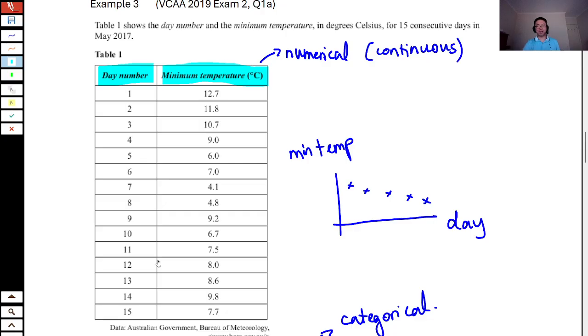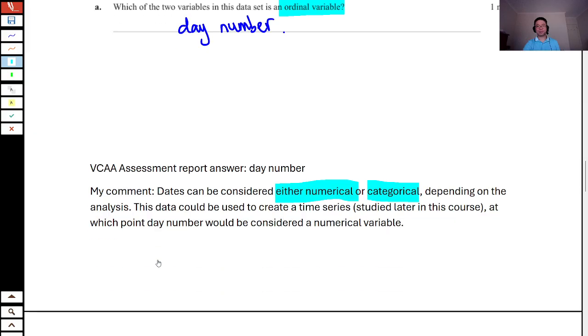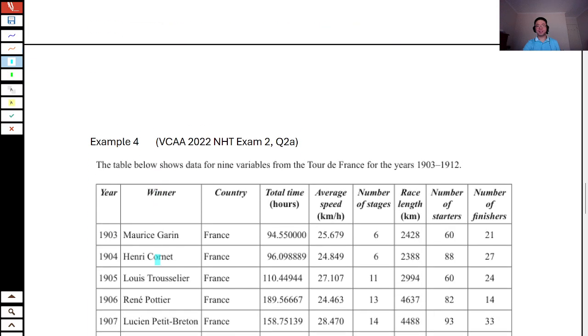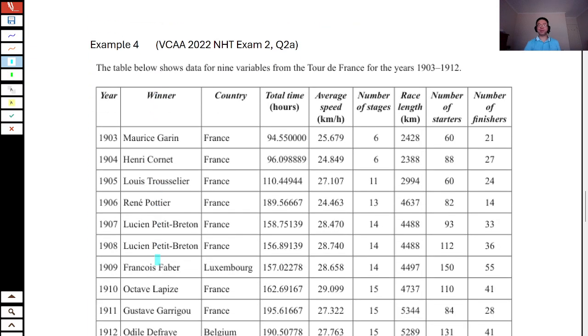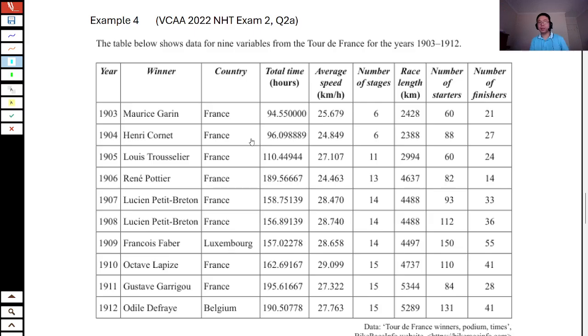Let's look at the next example. All right, so here's our data. It's summary statistics from the Tour de France. And our question is, how many categorical variables are there? Okay, so let's quickly look through the table. Number of starters and number of finishers.